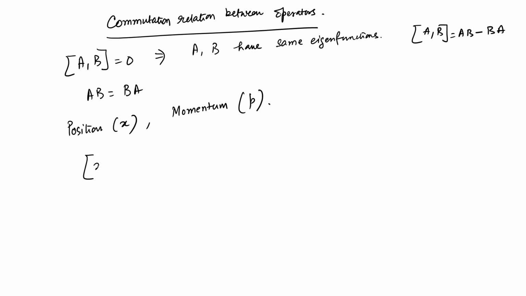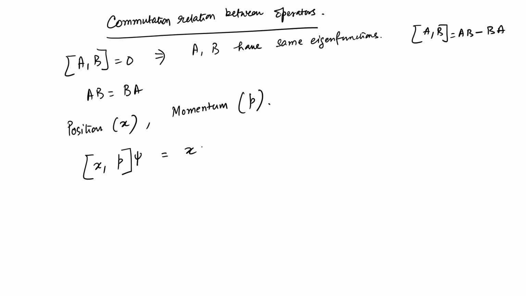Let us check out this famous commutation relation of x and p. This commutator is not equal to 0, which means that x and p cannot be simultaneously diagonalized, and the reason is that they are both infinite dimensional matrices. So, how do we show that, and what values do they have if they do not commute? That is an important thing.